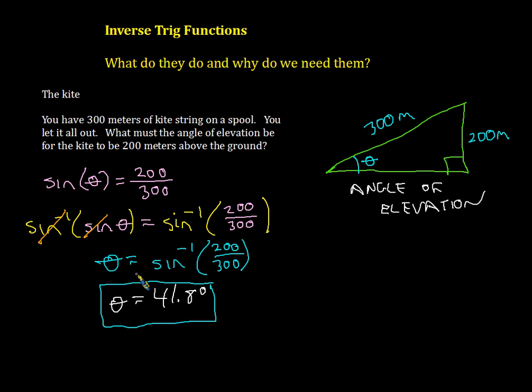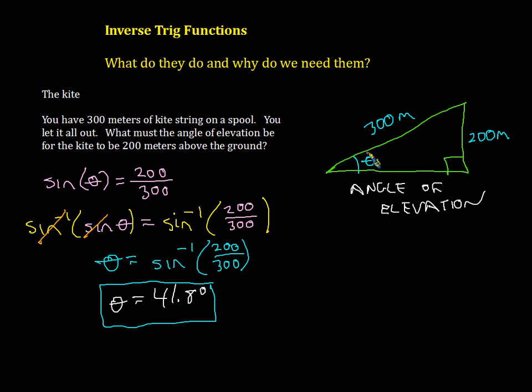So now we have a method for figuring out an angle if we know two sides of a triangle. We can figure out an angle using this inverse trig function, the inverse sine. Here we got 41.8. If this was really a practical application, 42 degrees might be more than sufficient. Heck, 40 might be okay.